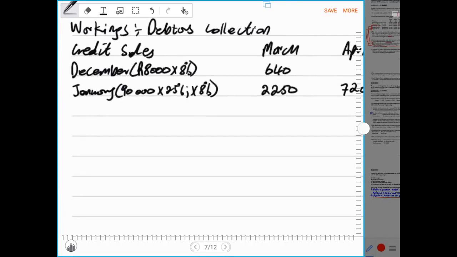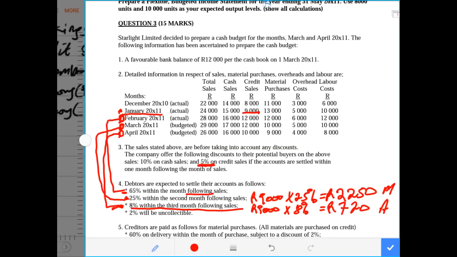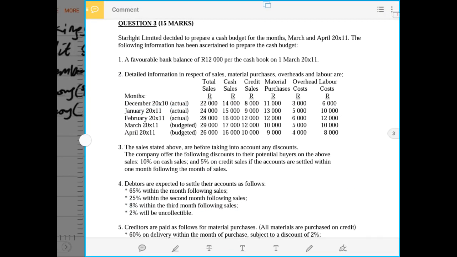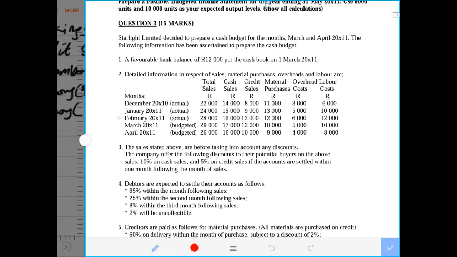Then now we collect for February. Our credit sales for the month of February, let us go and check. Here we have February. Our credit sales for February amount to 12,000.